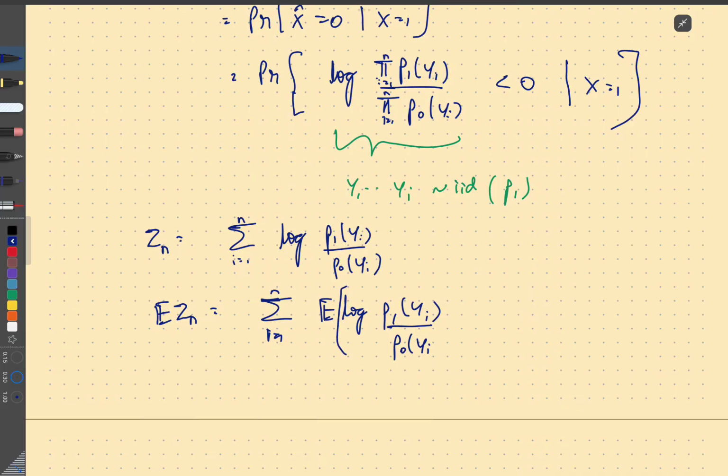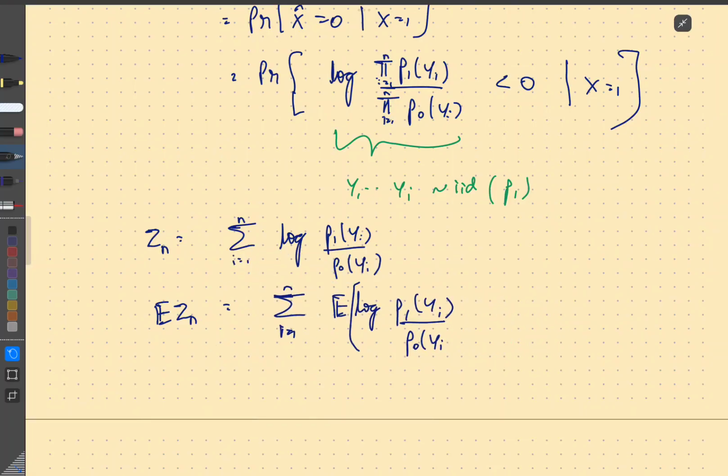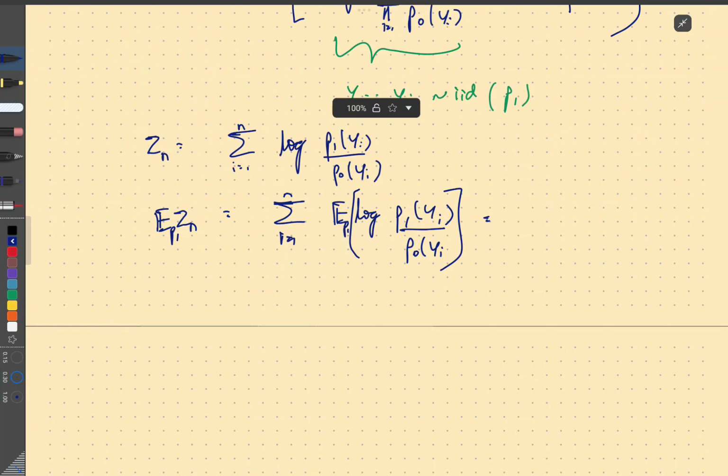Of course, this has to be conditioned on x equal to 1, so let me indicate that this is with respect to P1.